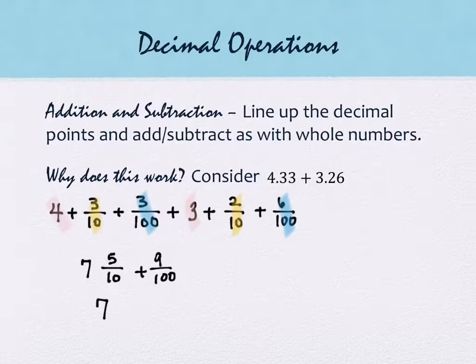So we would end up with 7 and 59/100ths. And that's why we line up the decimal points, because we're actually adding place values that are common together by doing it in that fashion.